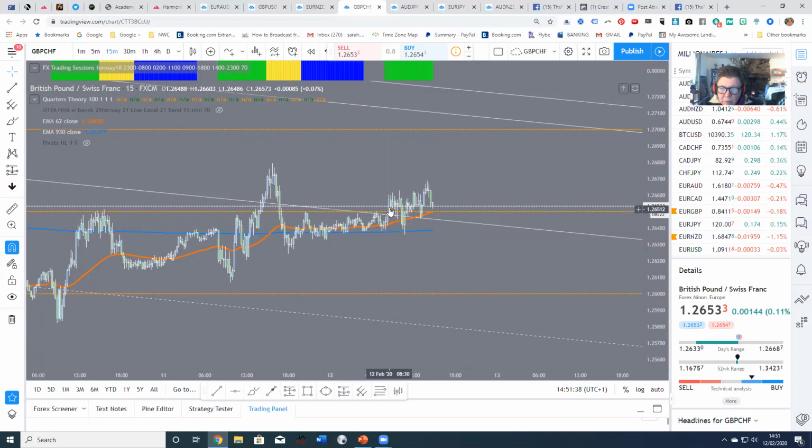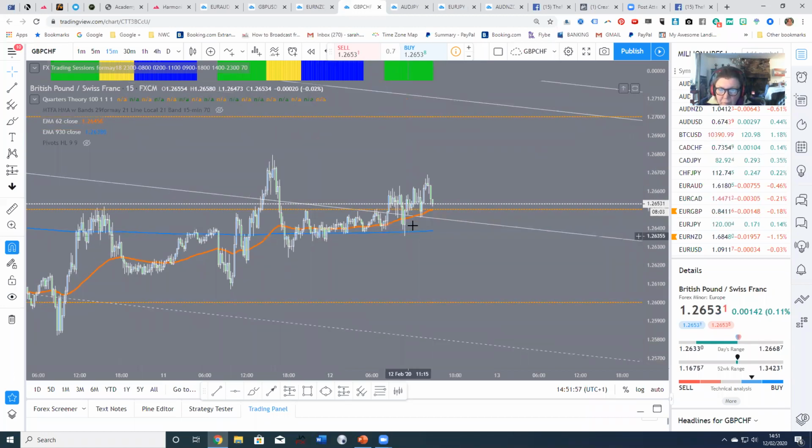See, it's rejected quarter theory once, twice, and it's still above. It's respecting the 62, has cleared the 15-minute moving average yesterday. A very slow moving pair. That's all GBP CHF, it's slow moving. So I'm liking this very much for a buy.